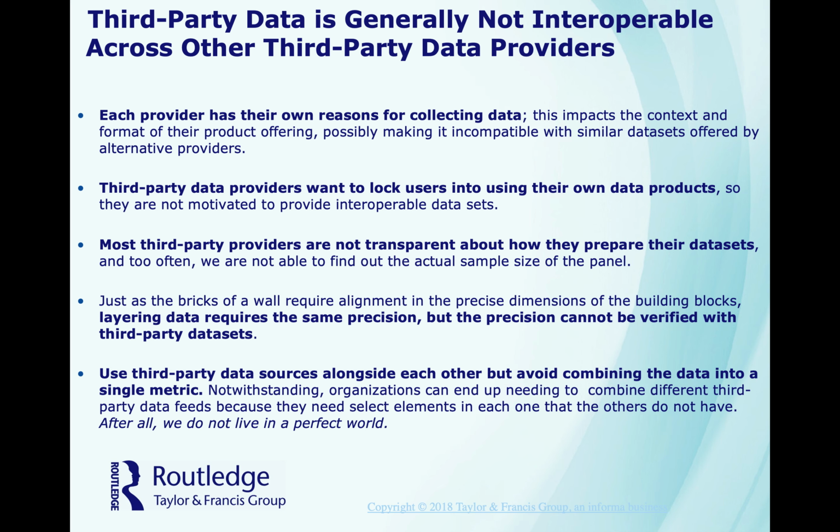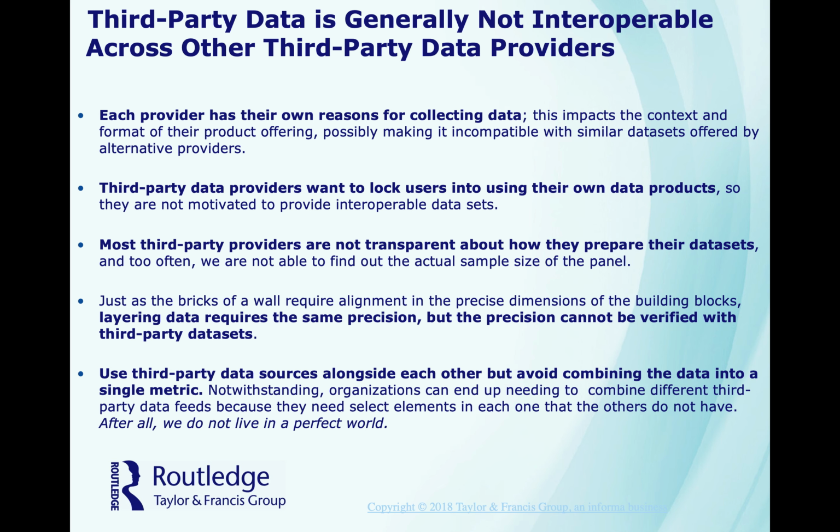Using third-party data sources among each other while avoiding combination into the data metric can go either way. Notwithstanding, organizations can end up needing to combine different third-party data feeds because they need to select elements and segments in each that they do not have.